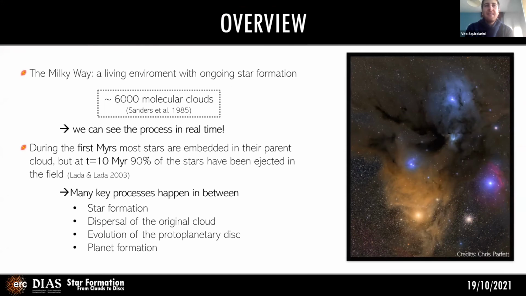So we can say that most key processes like star formation or planet formation or the dispersal of the original cloud or the birth, the evolution, and the final disappearance of the protoplanetary disk happen in this time window.